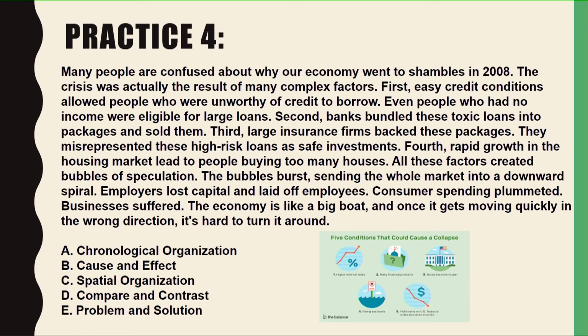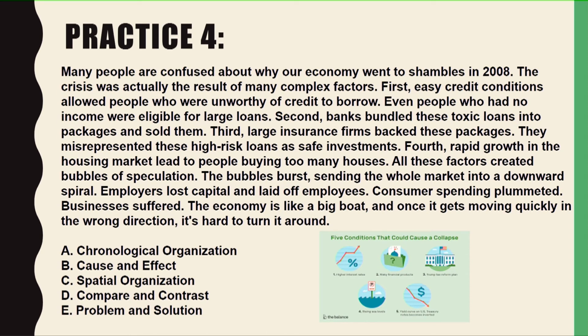Fourth, rapid growth in the housing market led to people buying too many houses. All these factors created bubbles of speculation. The bubbles burst, sending the whole market into a downward spiral. Employers lost capital and laid off employees. Consumers' spending plummeted. Business suffered.